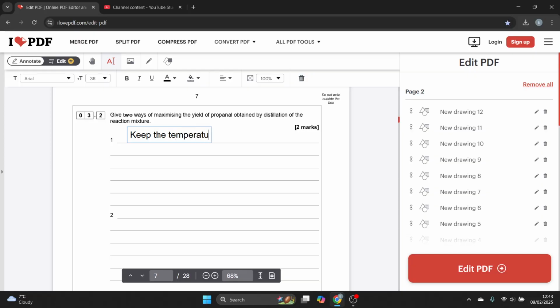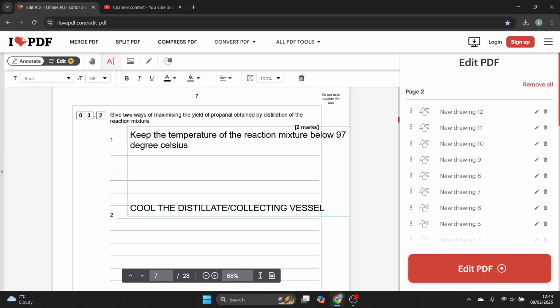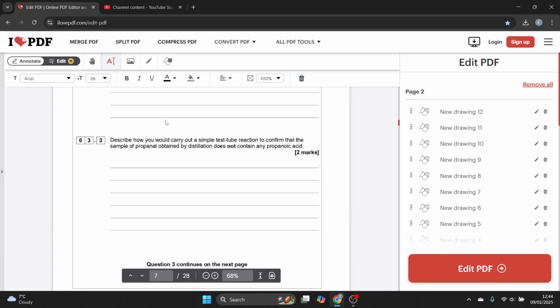Keep the temperature of the reaction mixture below the boiling point of propanol, and it tells us 97 degrees, so below 97 degrees Celsius. Keep temperature below boiling point of propanol. Cool the distillate / collecting vessel.